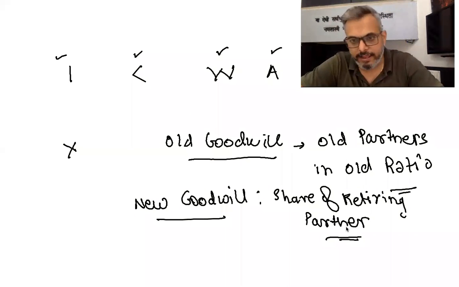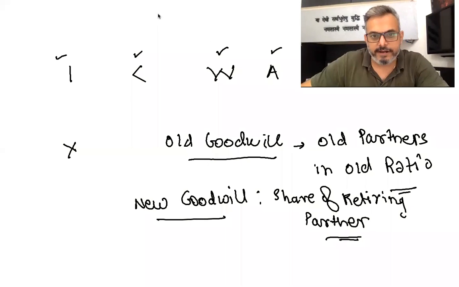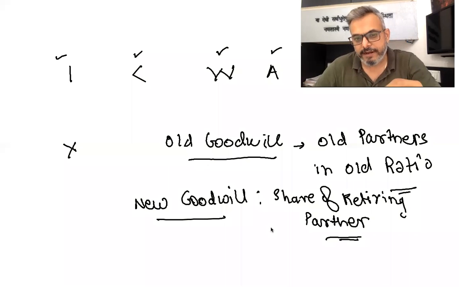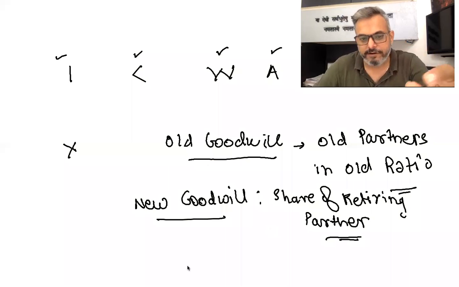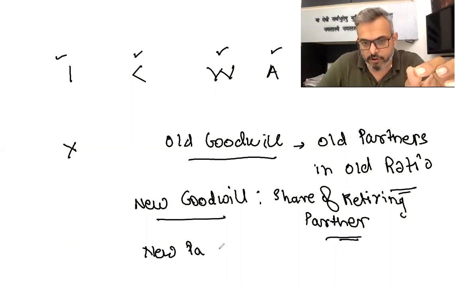Partner को कुछ भी देना है तो हम उसको क्रेडिट कर देंगे। और हम डेबिट किसको करेंगे? हम डेबिट करेंगे एग्जिस्टिंग पार्टनर्स या न्यू पार्टनर्स। इन व्हाट रेशियो? ऑलवेज नाउ न्यू पार्टनर्स इन गेन रेशियो.